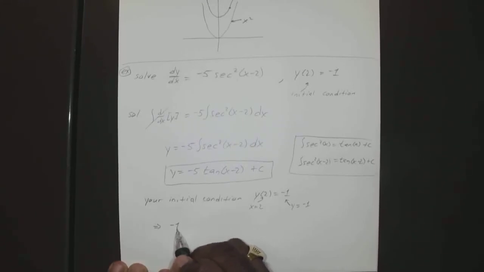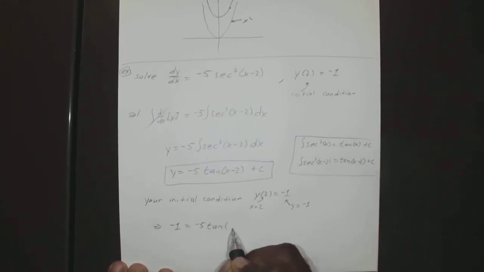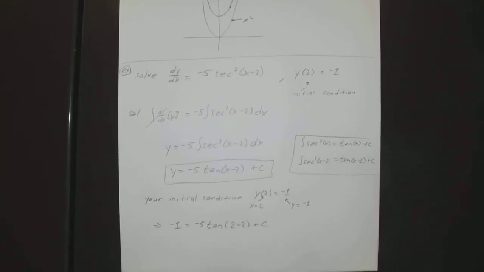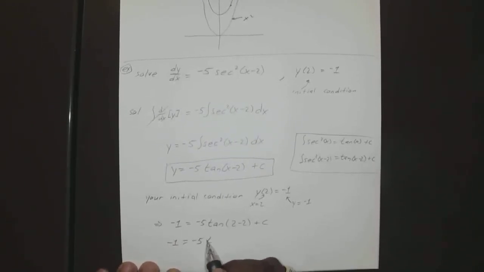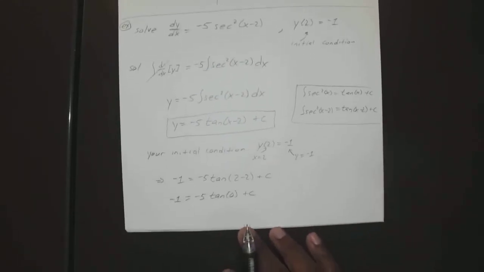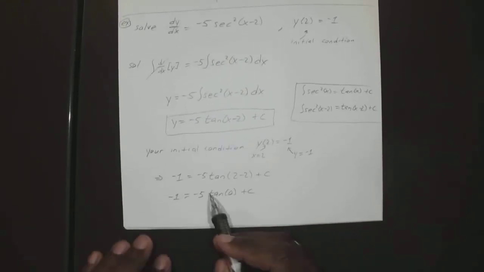Okay, so you have -1 equals -5 times the tangent of 2 minus 2 plus c. Which means you have -1 equals -5 times the tangent of 0 plus c. So c equals -1, because tangent of 0 is equal to 0.